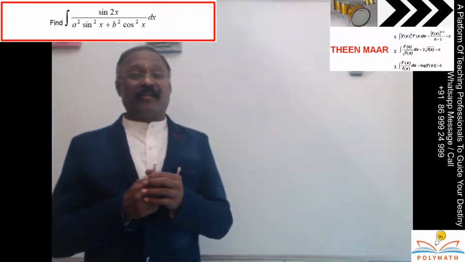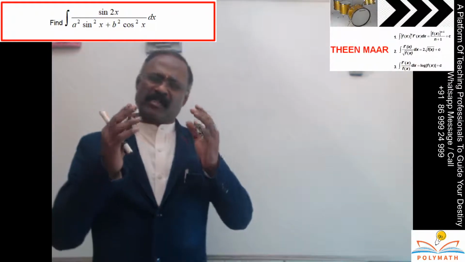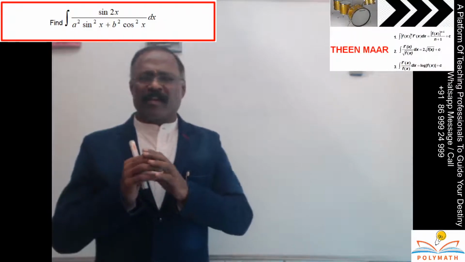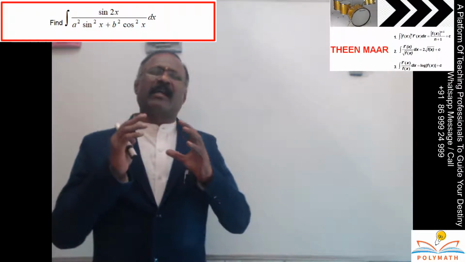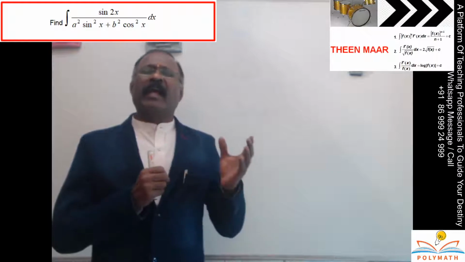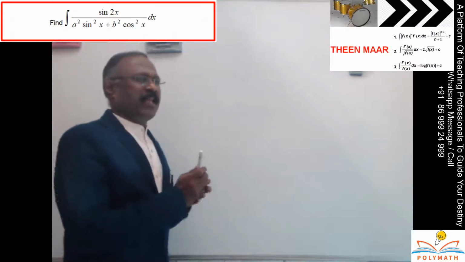So you can see that in the numerator. Whenever you come across this type of form, never take it as t. Just make the adjustment to get any one of Maar.